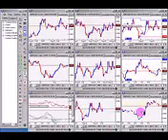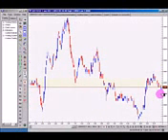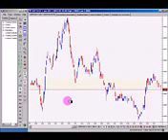So the first thing I do is expand the chart to the full page, and there you will see the chart.